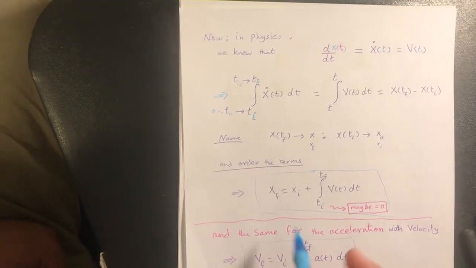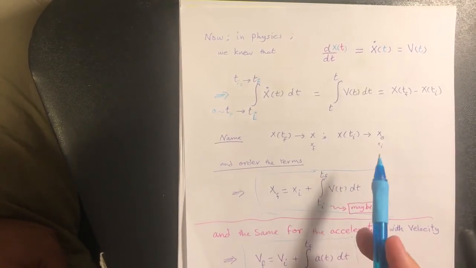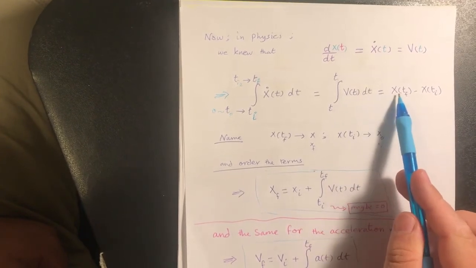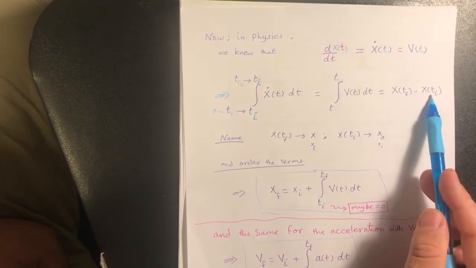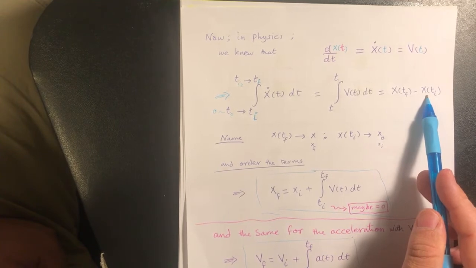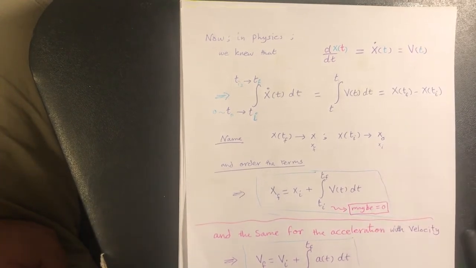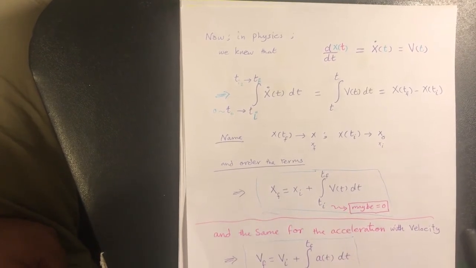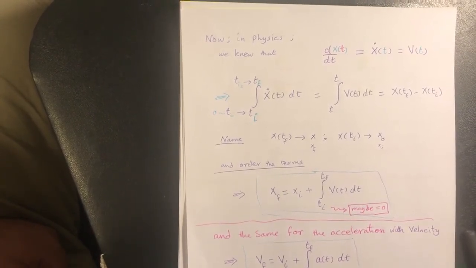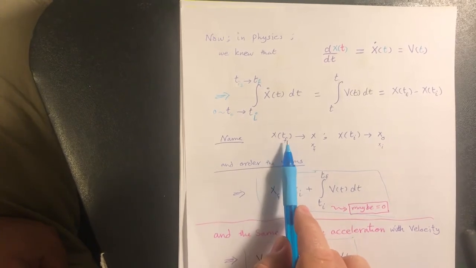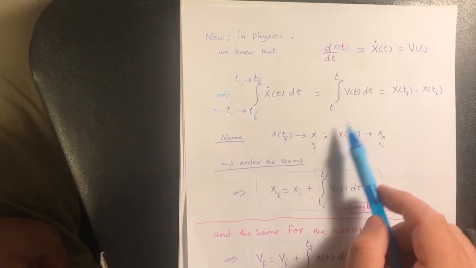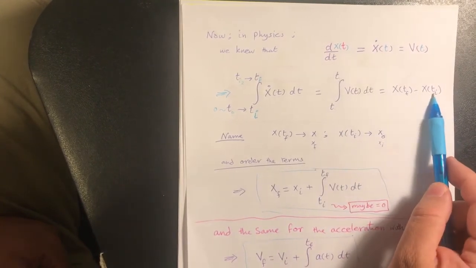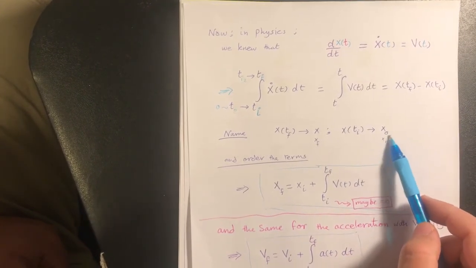So we have x final equal to, if we integrate v of t, x final minus x initial, as the properties of the integration. We need just to suppose that we name x at t final x or x of t, and x at t initial x naught, which may equal 0.